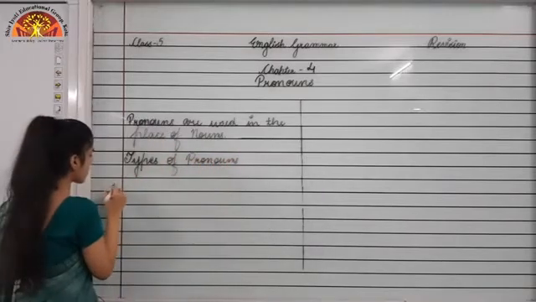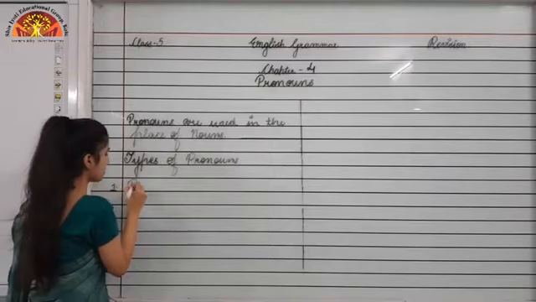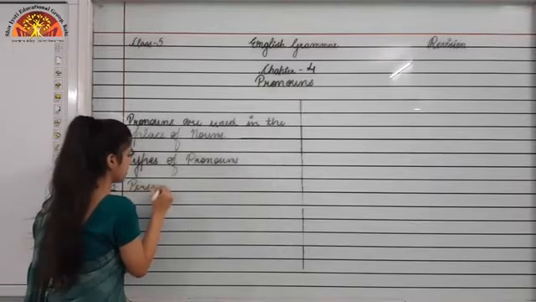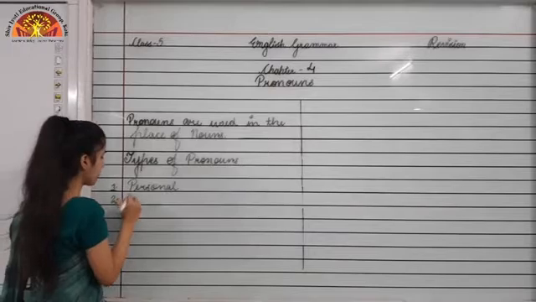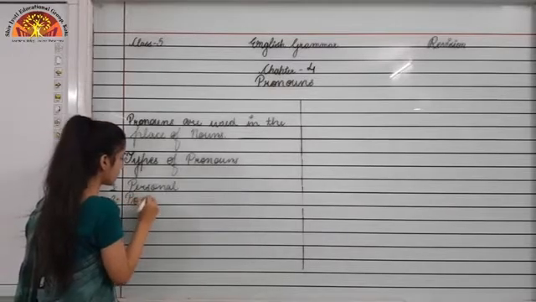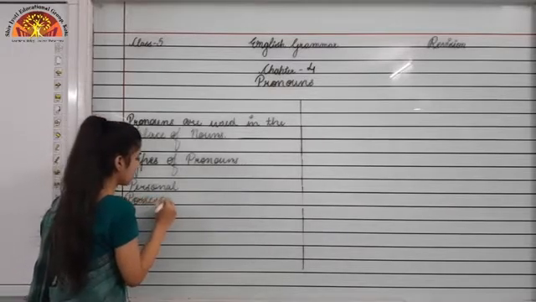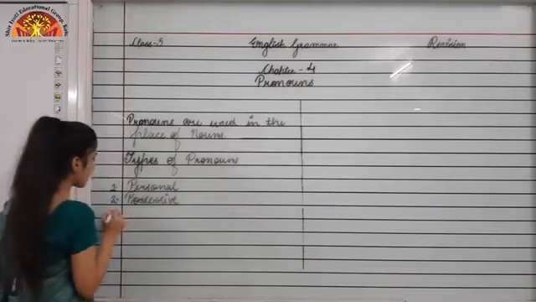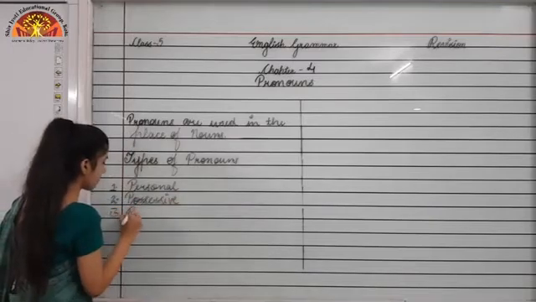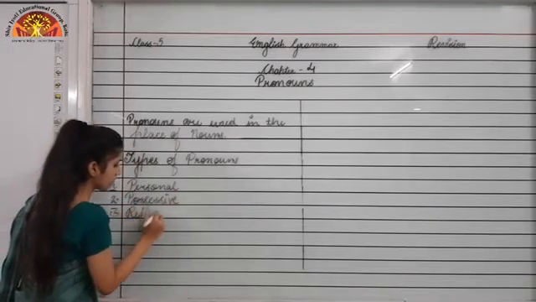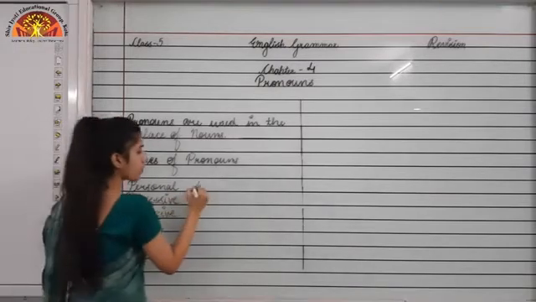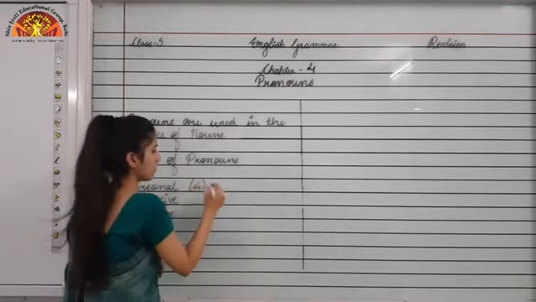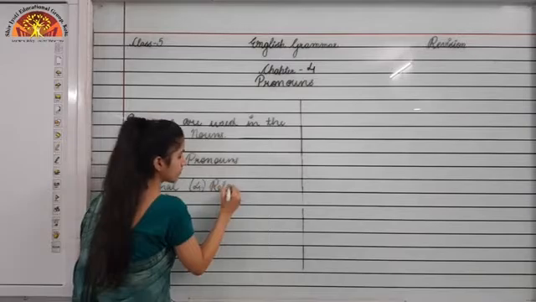Okay, so first one is personal pronoun. Second, possessive pronoun. Okay, third one is reflexive pronoun. Fourth is relative pronoun.